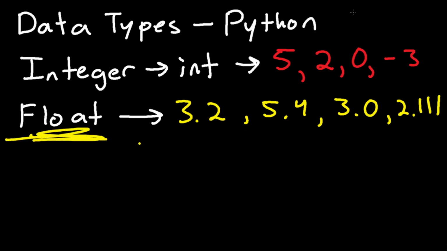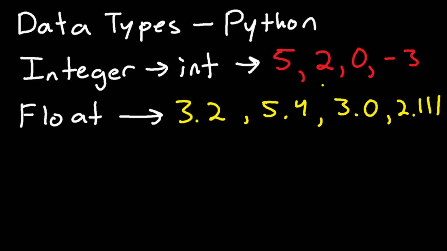And a float is just anything with a decimal place. Anything. 3.0 is 3 as well, right? Well, if you write down 3.0 in your code, it's stored as a float. Your computer recognizes it as a float, not as an integer. So keep that in mind. If you even have a 0.0 in there, you have a float. So anything with even just a single decimal, you have a float.